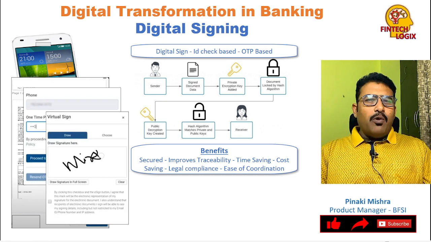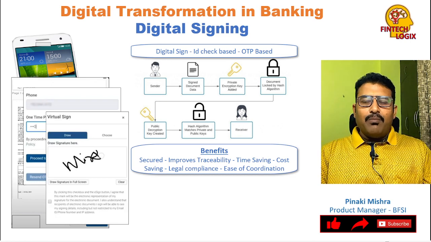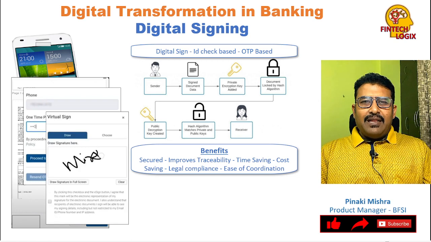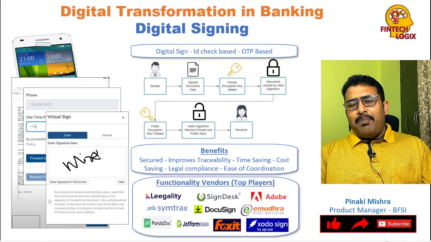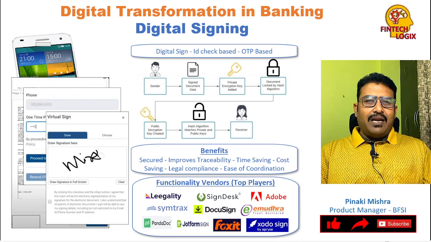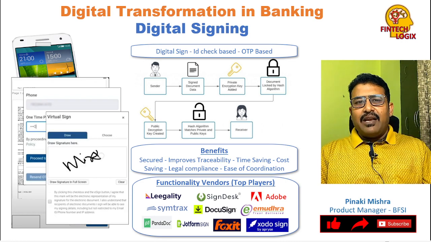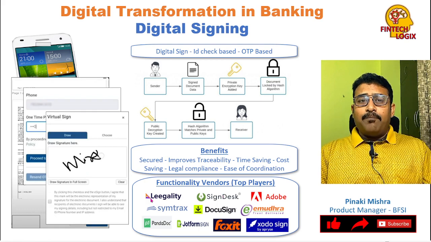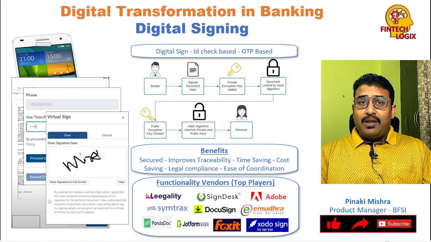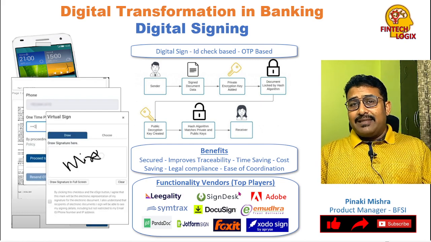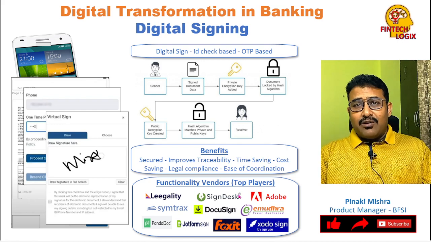Definitely you would have understood that digital signing is a boon in case of any contract life cycle. So there should be a lot of players who would have created their products and solutions. To name a few top players in the current market, in the Indian scenario, Legality and SignDesk are much more front runners in providing contract life cycle journey in terms of lending and loan contracts, or SignDesk in terms of loan as well as real estate contracts.